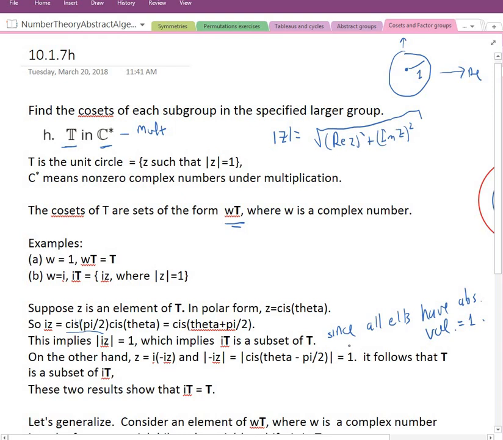So that means that if I have Z in T, I can write it as I times a number whose absolute value is 1. So it follows that T is a subset of IT, since Z in T can be written as IW, where absolute value W is equal to 1. Okay.